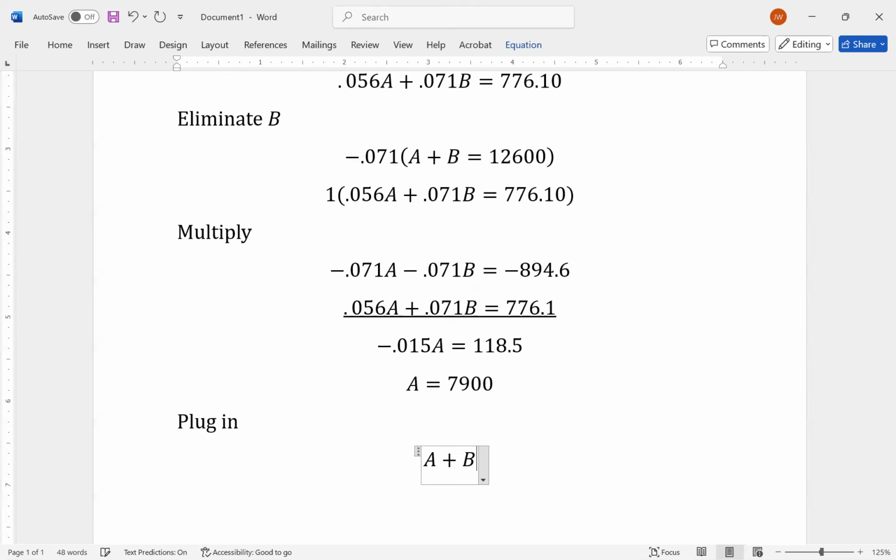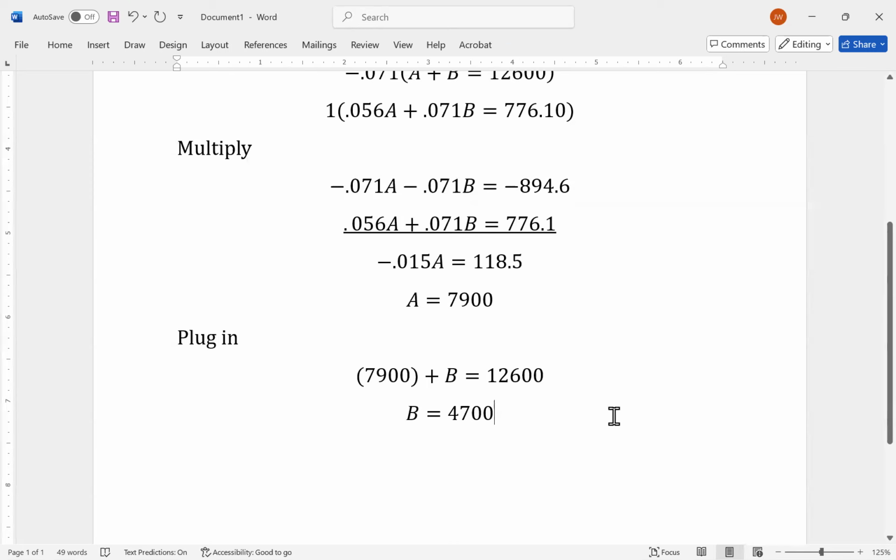So A plus B equals 12,600 now becomes 7,900 plus B equals 12,600. Subtract 7,900 from both sides, and you get that the value of B should be 4,700.